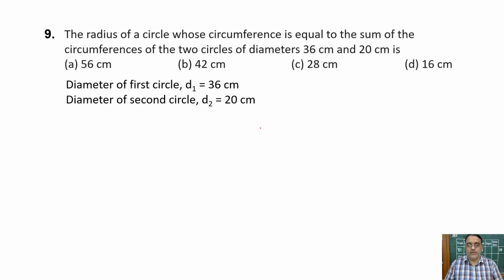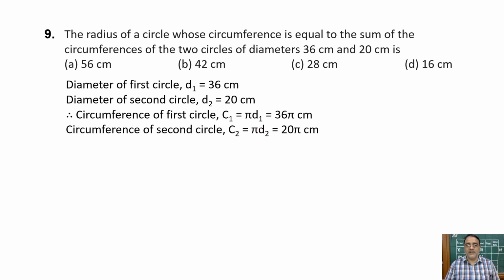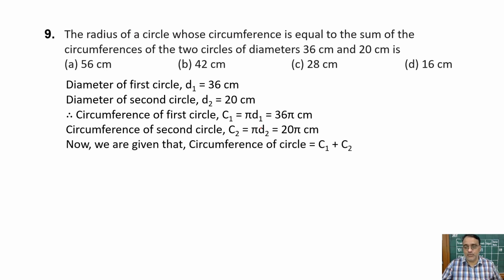So we will write pi d1. For the first circle, pi d1 is 36 pi and for the second circle, pi d2 is 20 pi, right? According to the given statement, the circumference of the new circle is equal to c1 plus c2, right? And this becomes pi into capital D is equal to pi d1 plus pi d2.